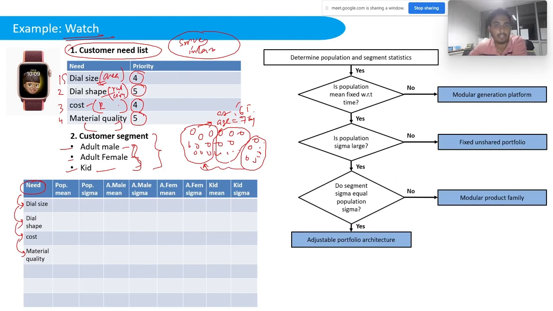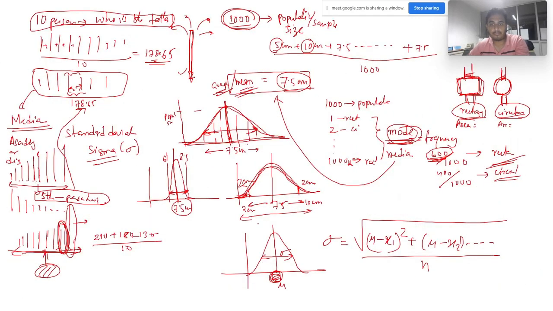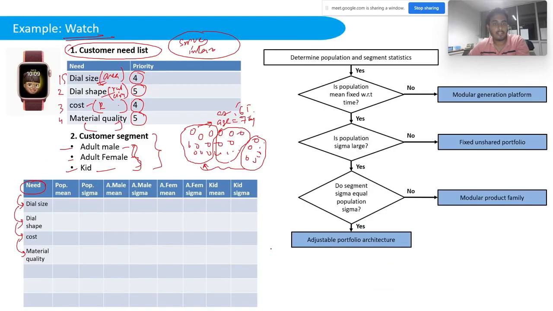Similarly for sigma, use this particular formula: the sum of the squared differences between each value and the population mu, divided by n, and then take the square root. N is the number of the population. This gives you the standard deviation. So here you measure the standard deviation for the dial size: mu dial size, and similarly sigma dial size for the population. Like that you take all the different measures.